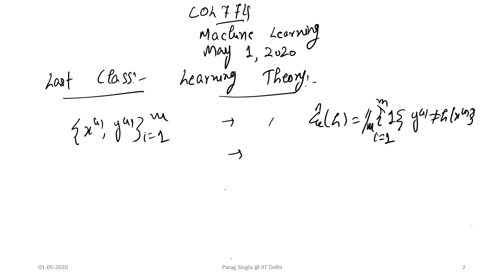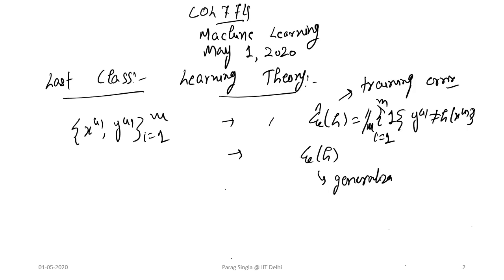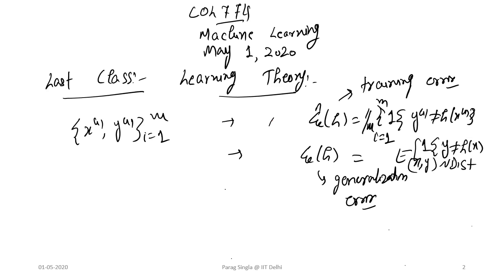What we are really interested in is the relationship of this training error with the quantity that we really care about, which is the generalization error, which is the expected value of the indicator of y not equal to h(x), if you draw this example x, y from the underlying distribution, the same distribution from which these training examples were drawn.